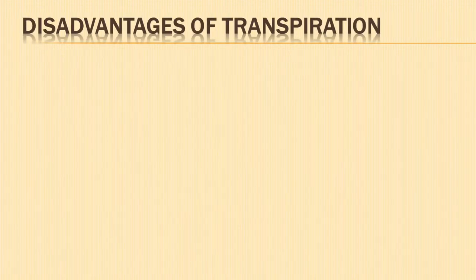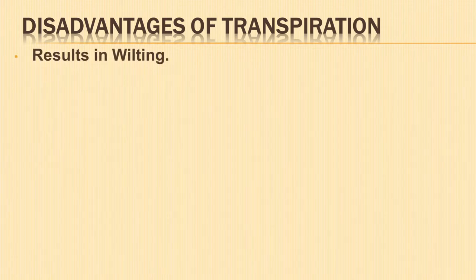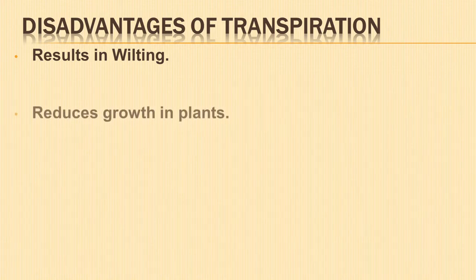Finally, we shall look into the disadvantages of transpiration. Wilting. During noon, rate of transpiration is higher than the rate of absorption. This results in loss of turgidity or wilting. Wilting reduces photosynthesis and other metabolic activities.